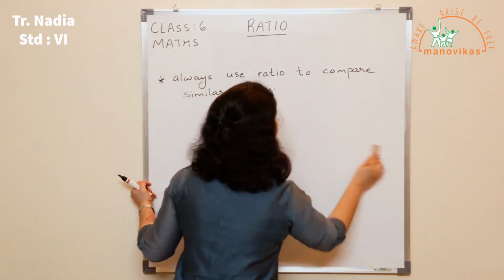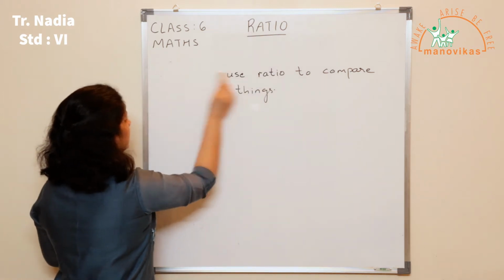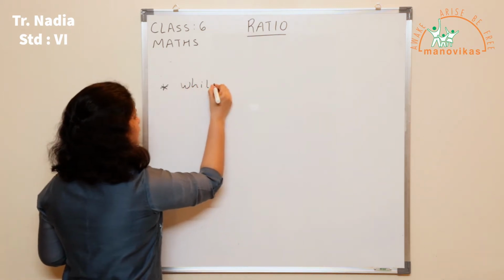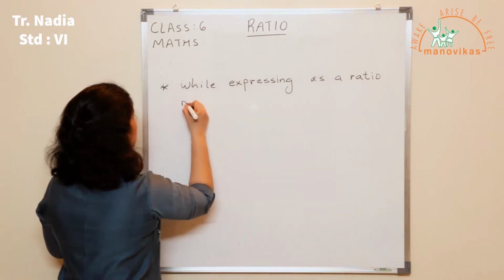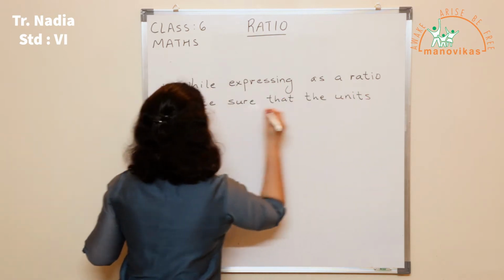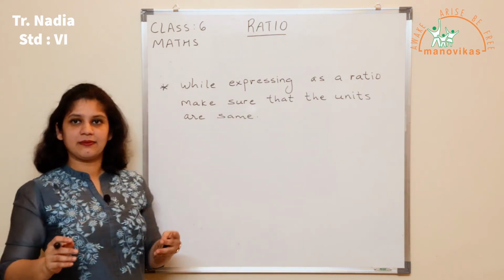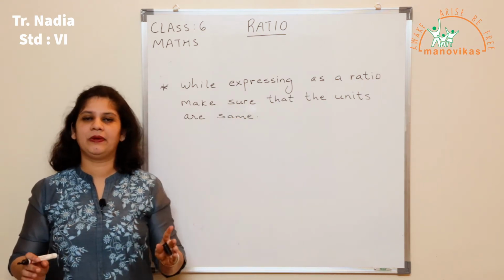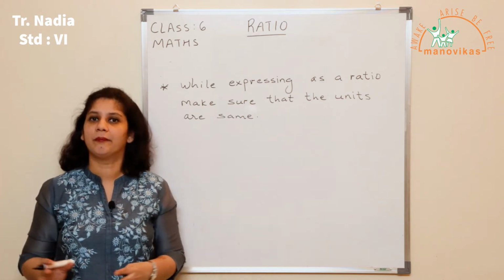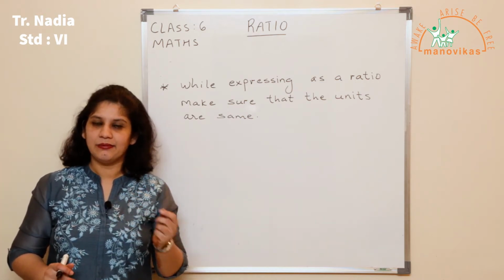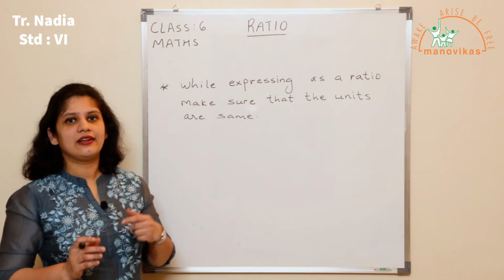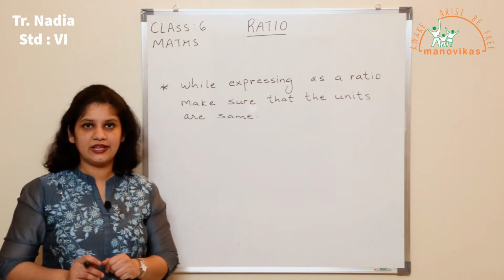The next important thing that you need to remember while expressing as a ratio: make sure that the units are the same. Whenever you want to express something as a ratio, you have to keep in mind that the two things that you are comparing are in similar units. Now let me explain this to you all with the help of an example.